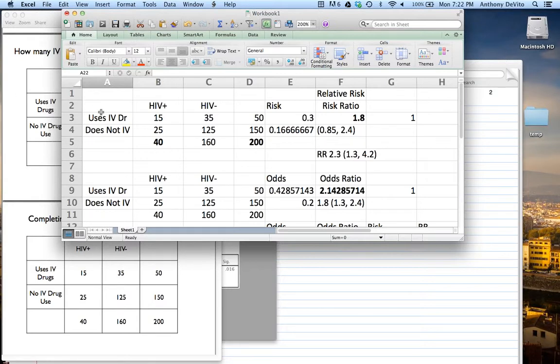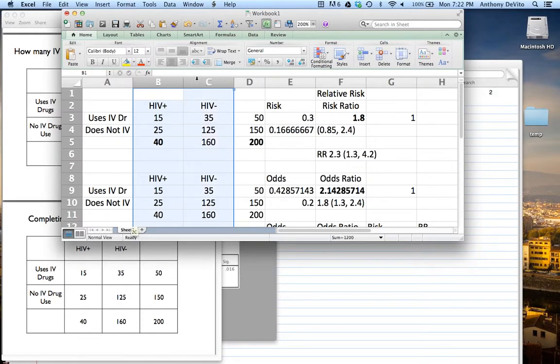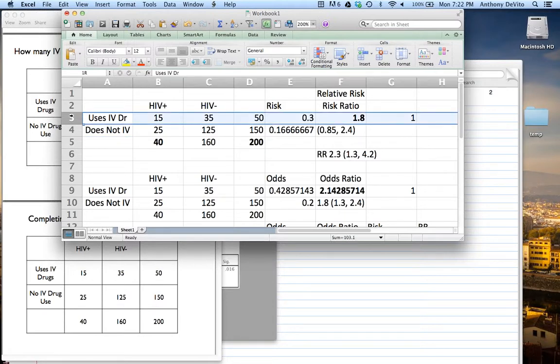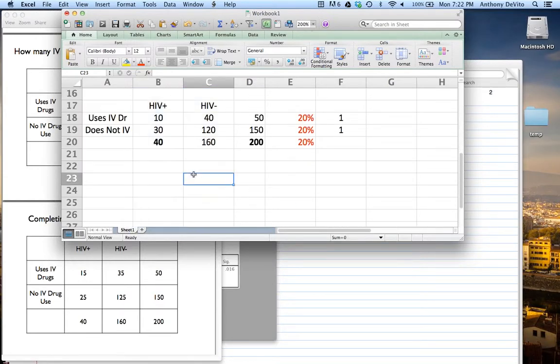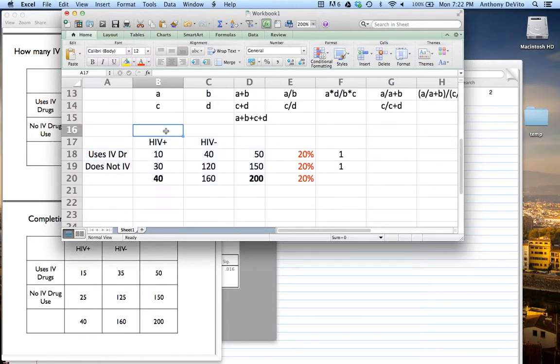So when we're looking at categorical variables, we're looking at whether or not this categorical variable has some influence on this categorical variable. So my null hypothesis is that there's no association between IV drug use and HIV status. Well, if that's true, this is what I would expect to get. These are my expected values. If what I said in my null hypothesis were true, these would be my expected values.